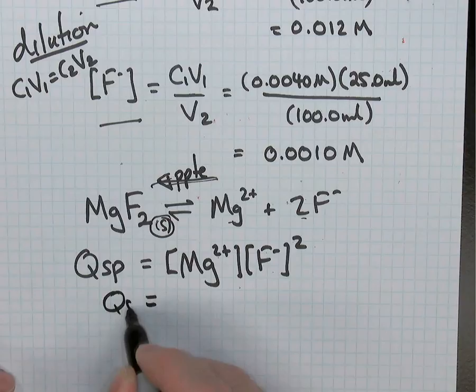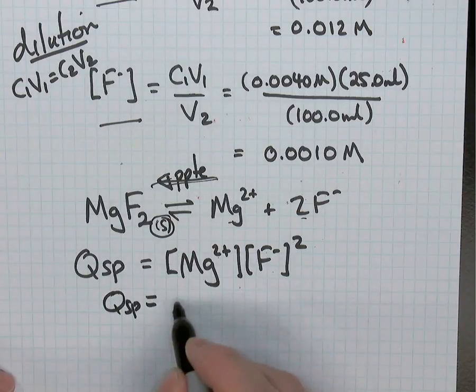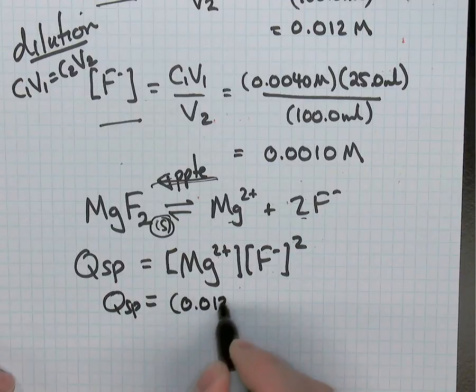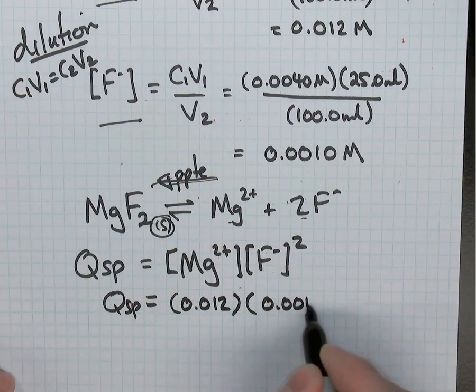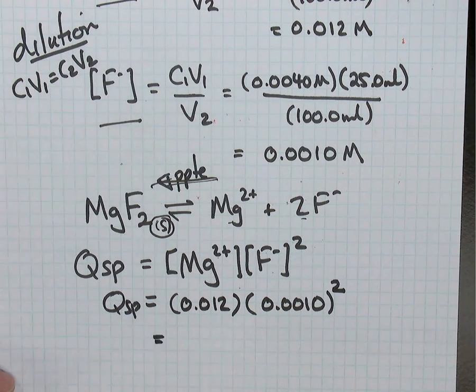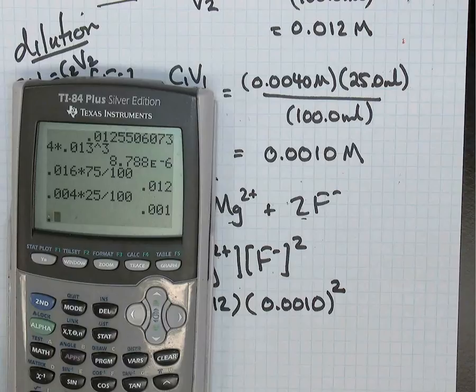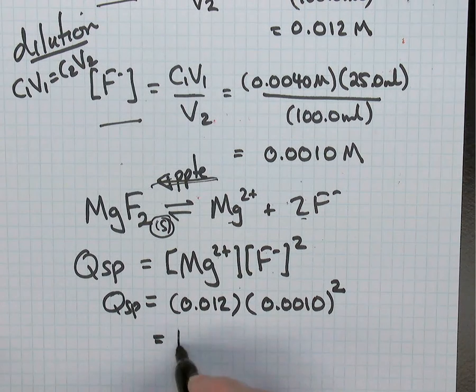So we're going to calculate QSP, and that's why we needed these two concentrations. So magnesium 0.012 molarity, and the fluoride 0.0010 molarity squared. Okay? And so grabbing a calculator, 0.012 times 0.001 squared is 1.2 times 10 to the minus 8.